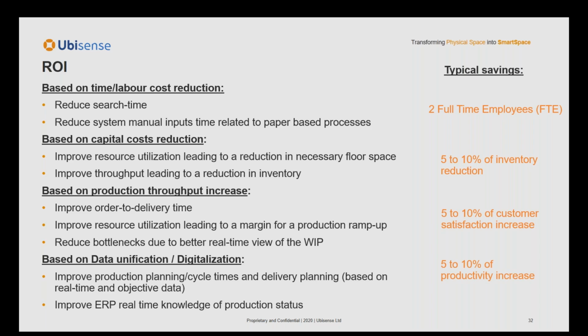And you can have a 5 to 10% productivity increase. This can even go higher when you add other use cases, such as process monitoring or product routing, onto this yard management use case. And those will lead you to a typical 1 to 1.5 years return on investment of the solution.